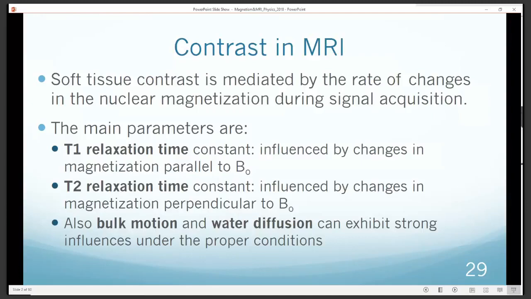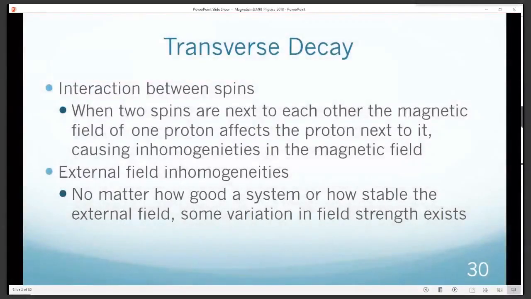But there are two other important parameters called the relaxation times I've already alluded to: the T1 relaxation time, which is a function of how long it takes for the magnetization to realign with the main field, and the T2 relaxation time, which characterizes the dephasing of the transverse magnetization and how quickly the signal goes away. Other things that affect contrast are bulk motion and water diffusion. They're beyond the scope of today's talk, but hopefully we'll get to them in the future.